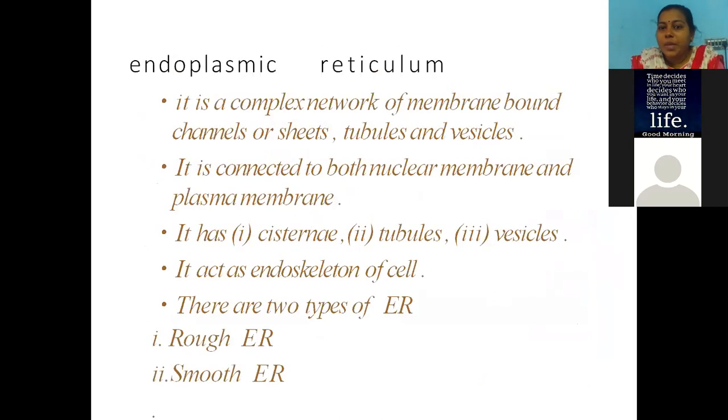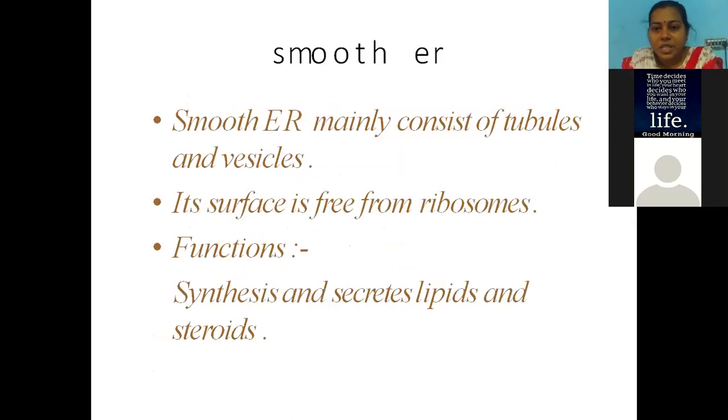Now, let us talk about the ER. See students, ER means endoplasmic reticulum. It is a complex network of membrane-bound structures which runs through the cytoplasm. Let us see the cell structure.